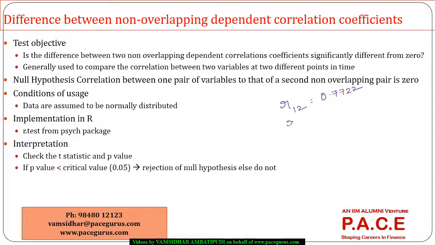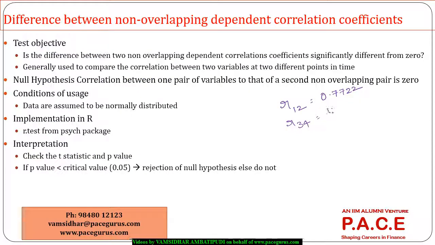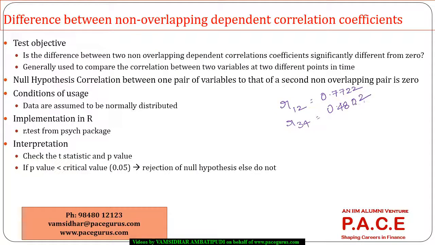Then R34 is the correlation between telecom and realty in the next 50 months. So here I am trying to test whether the relationship between the telecom and the realty sectors has changed over the past few years. So independently I have computed the correlations.